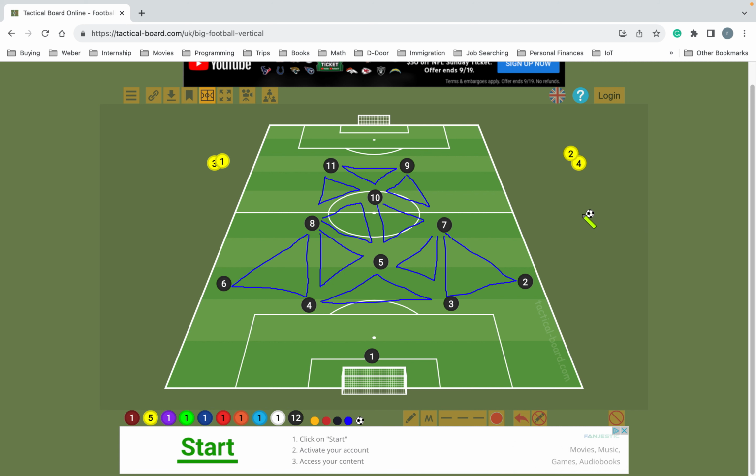It's the fact that we have so many triangles in the field, which are passing options, right? So make sure that we are utilizing these triangles. For example, we can play our outside back, right? And then as they engage with the outside back, we can play our center mid, right? And then that's a triangle, right?